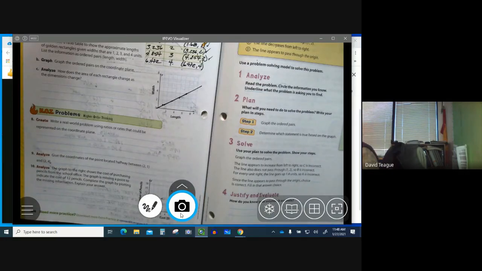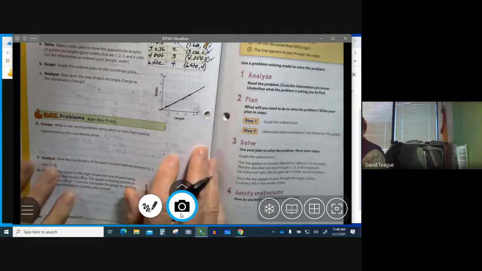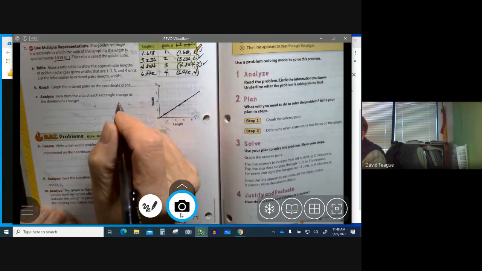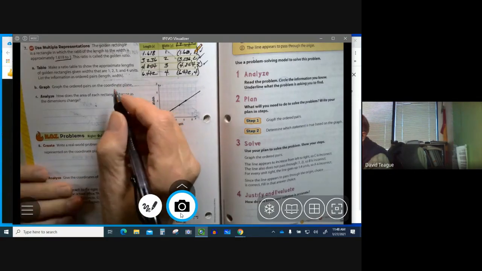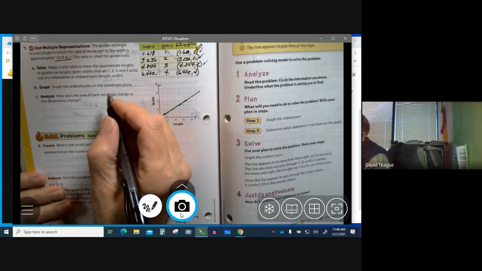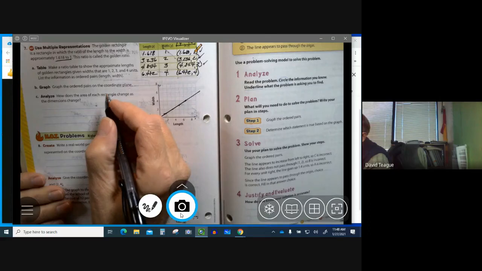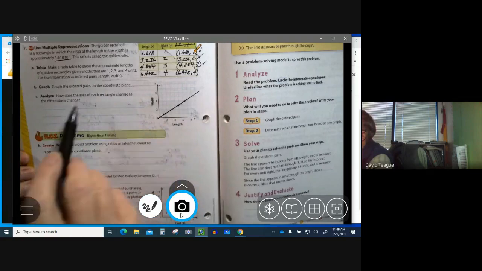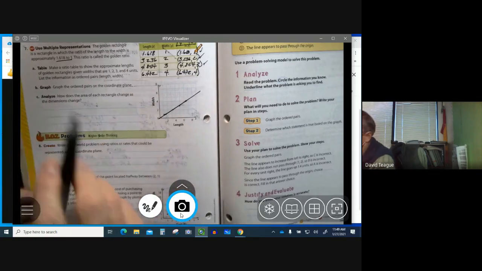Analyze: how does the area of each rectangle change as the dimensions change? If you look at the numbers, you can notice, basically we're going to summarize this because they actually went and calculated the area, which we're not going to do.